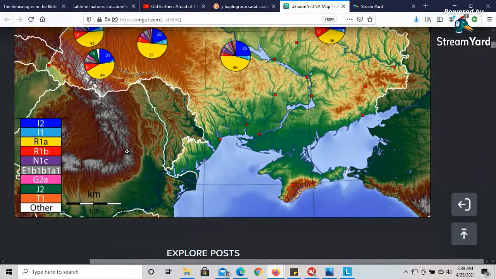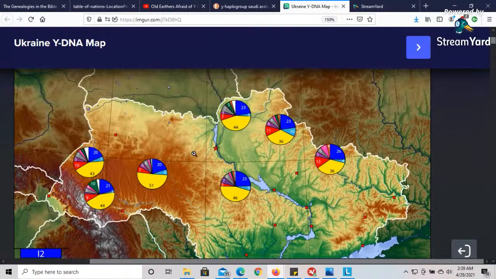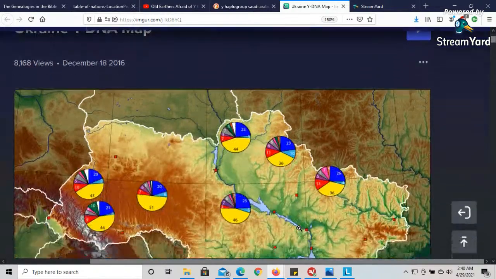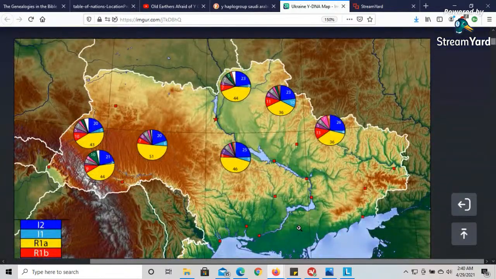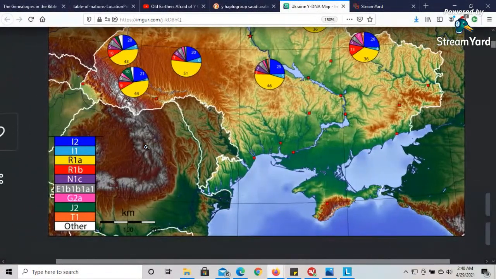Now, let me see this N. Of course, we have some N, because Siberia is up this way. So N is related to the OY chromosome, and we should expect to see that at least a certain amount. But right now, oh, we got something here.